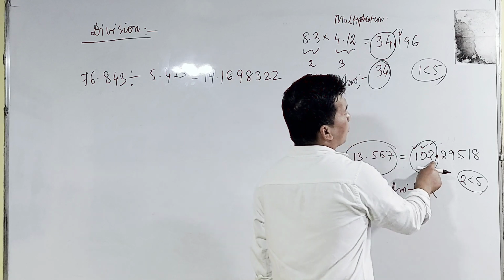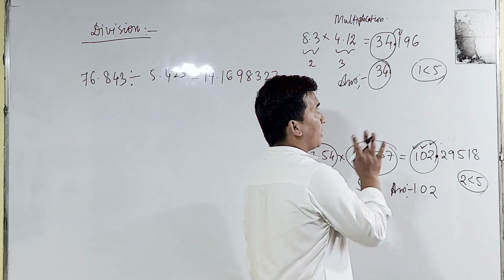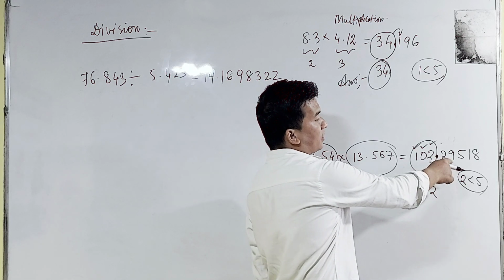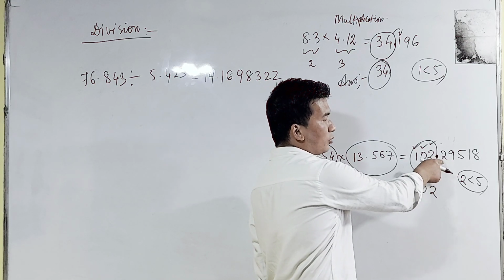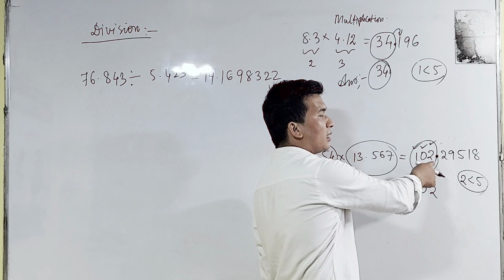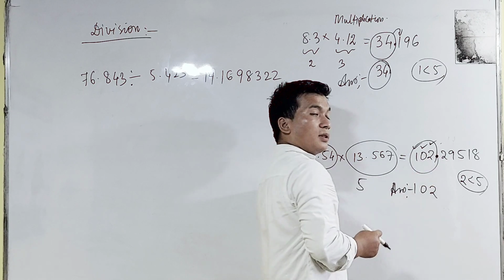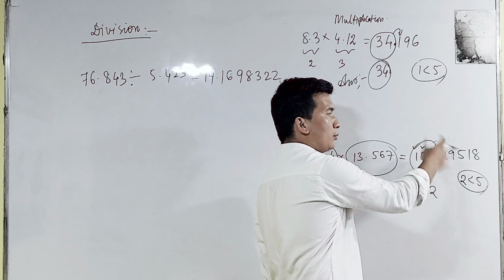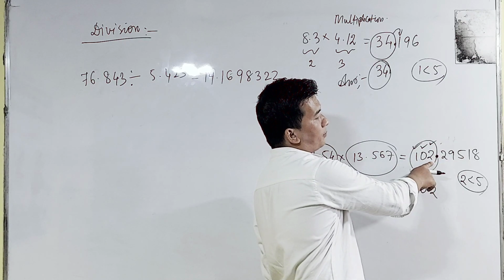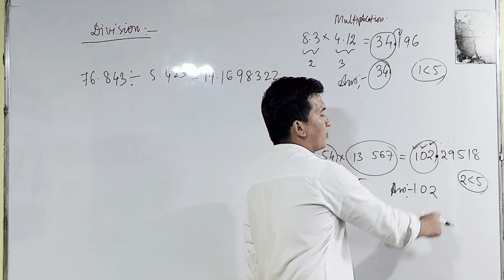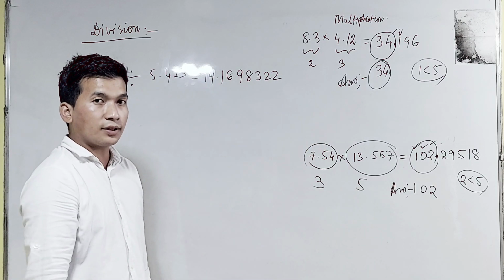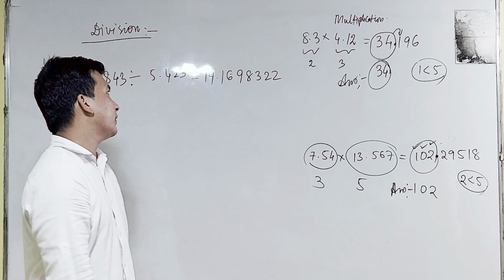But if it were 5, 6, or 7, then we would add 1. But this 2 is less than 5, so we are not going to add 1 to the preceding digit. That is why our answer comes out to be 102. This is the concept of least significant figure.